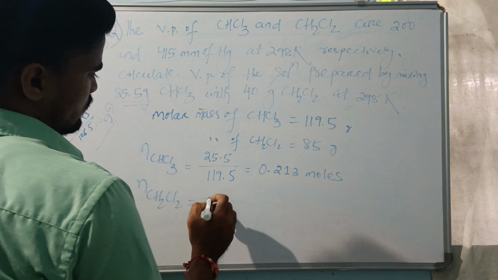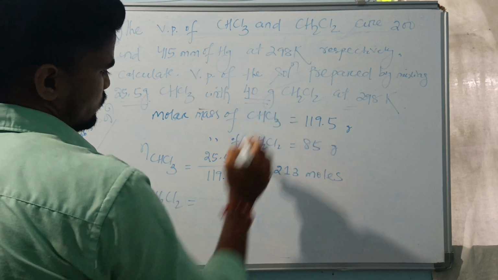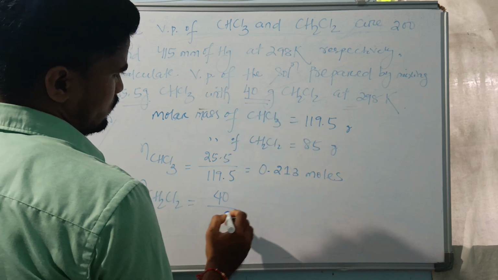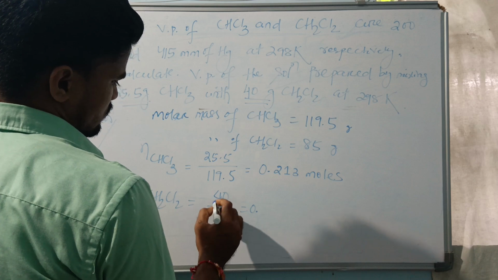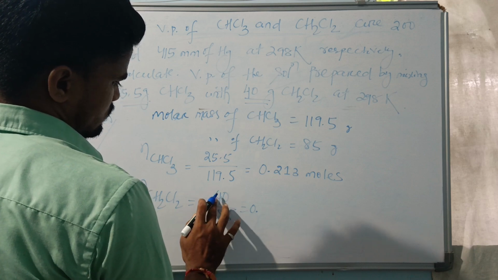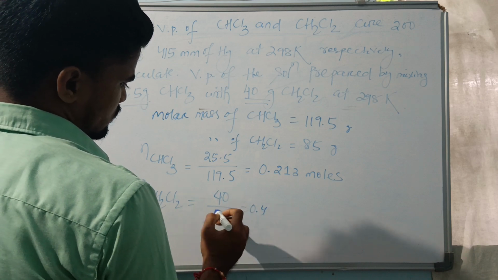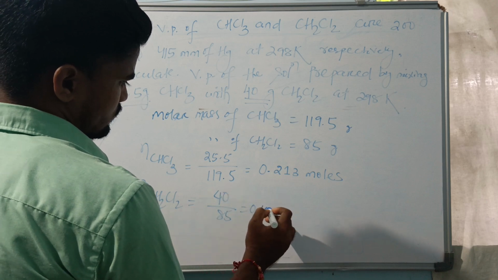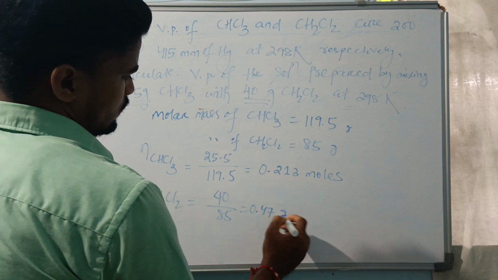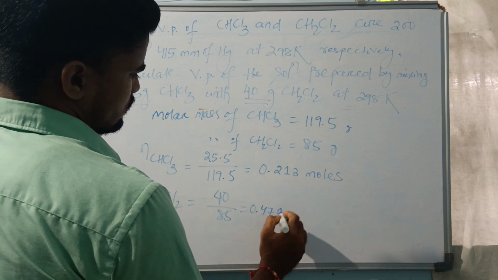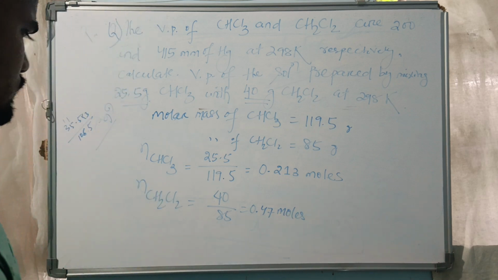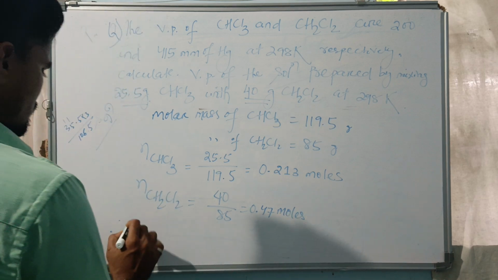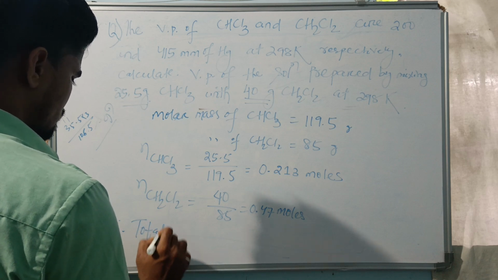Like that, number of moles of dichloromethane: what is the given mass? 40 upon 85, so it is coming 0.47 moles. Now what is the total number of moles?